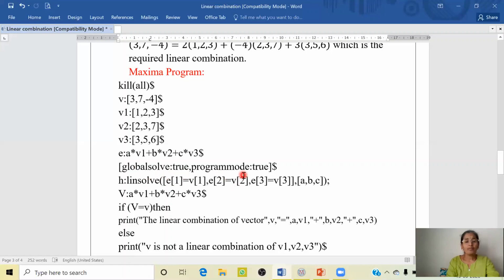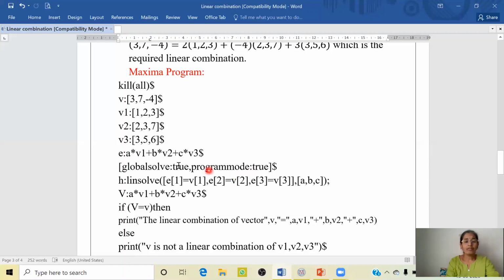Next is programmode true. When programmode is false, linsolve, the next command which we are going to use here, displays the solution with intermediate expressions in the form of %t or %r, which returns the list of labels.